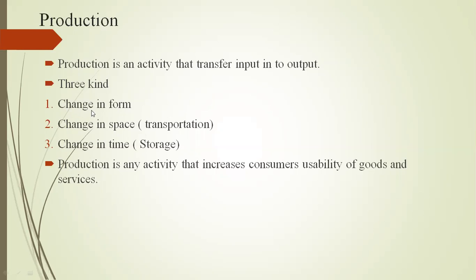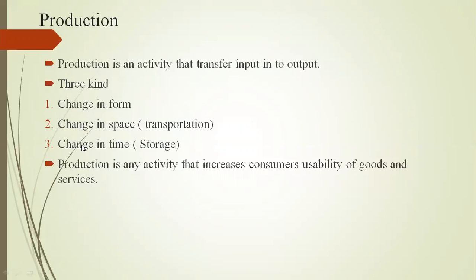So production can be a change in form. It means like wood we were taking and we are changing its form and converting it to paper. Or it could be a change in space, like transportation is also a kind of production. Like these Agrawal Packers and Movers, what they are doing, they are transporting products from one location to another.